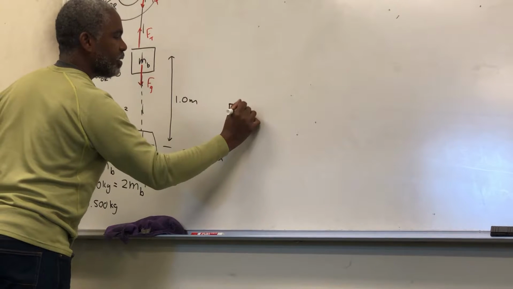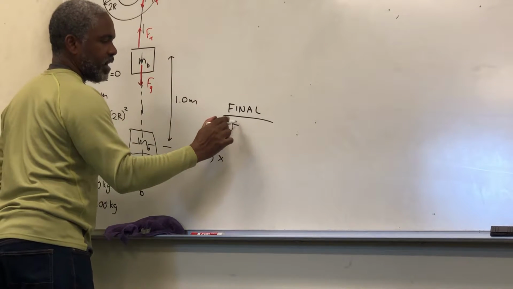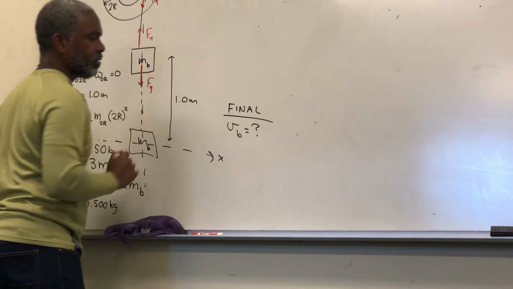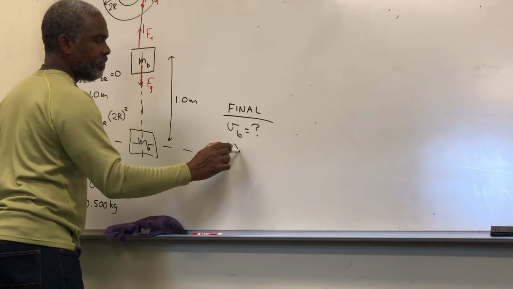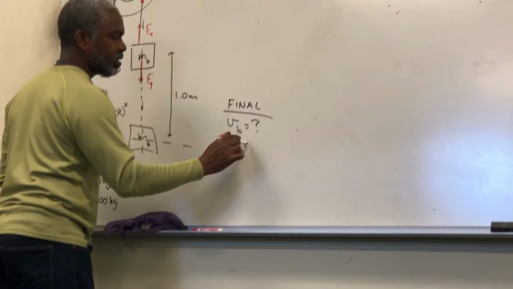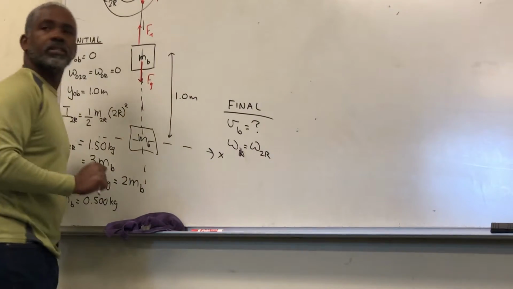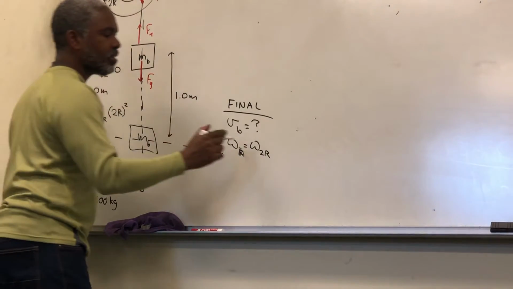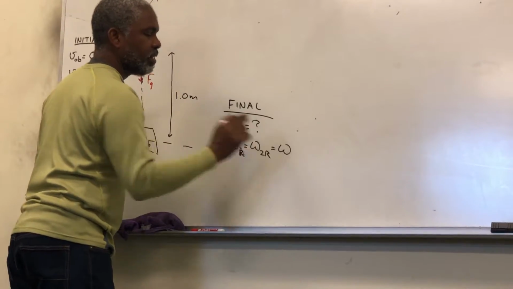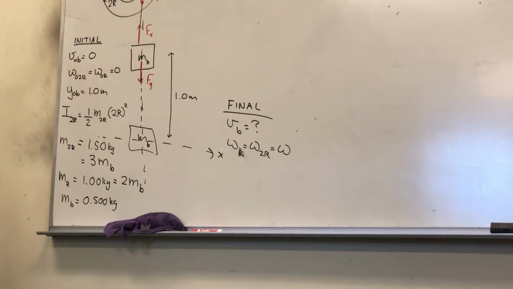Our final variables, we do not know the final speed of the block. We do not know the final angular speed of the inner disk, nor do we know the final angular speed of the outer disk. But because they are attached together, they will have the same angular speed. They're moving as a rigid body.